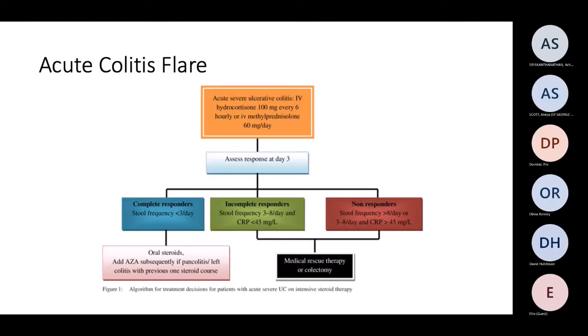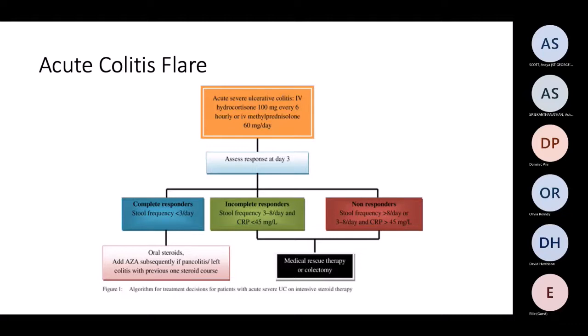This is because removing the rectum takes a lot more time under anaesthesia. It can take 6 to 7 hours to remove the rectum because it's so surrounded by other structures. You know, particularly in women, they've got the ovaries and the uterus. If people are not complete responders, or they've not responded at all to the IV steroids, then we want to try things like cyclosporin or biologics.